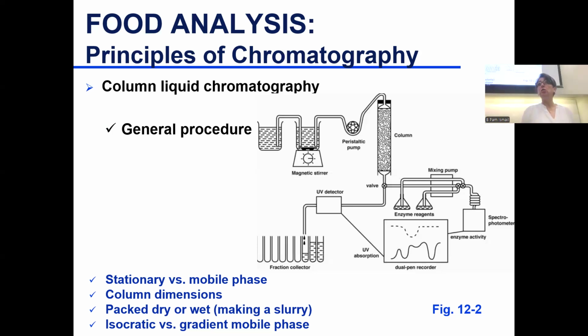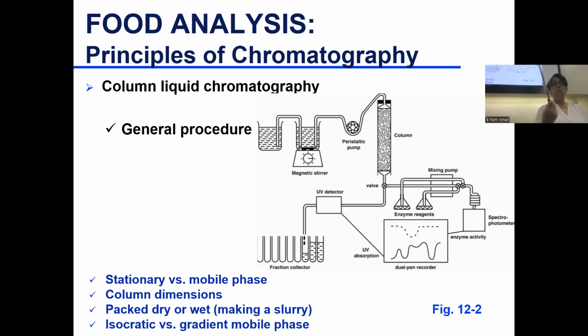It's mostly used to get a fraction in a sizable amount. If you're only looking to detect and quantitate, we often use high performance liquid chromatography, where the columns are pre-packed for you under pressure. Even those come with different sizes.